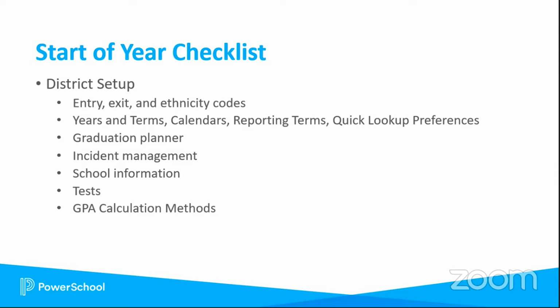Is your graduation planner set up and ready for you to use in the coming year? Reviewing your incident management, making sure that setup is correct. And all of the school information for all of your schools lives in the district setup area. And also tests and GPA calculation methods.